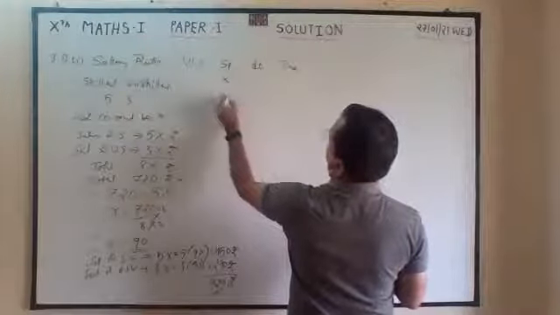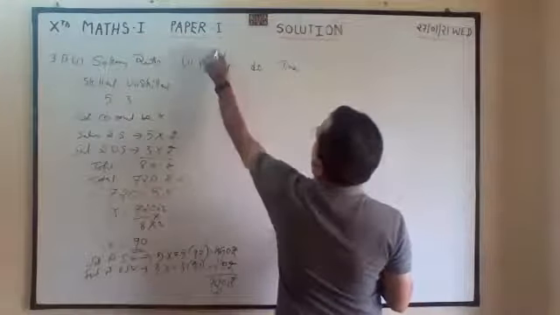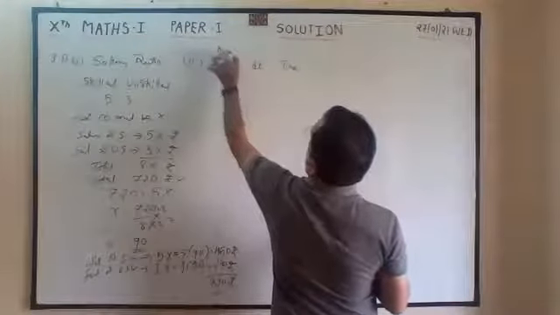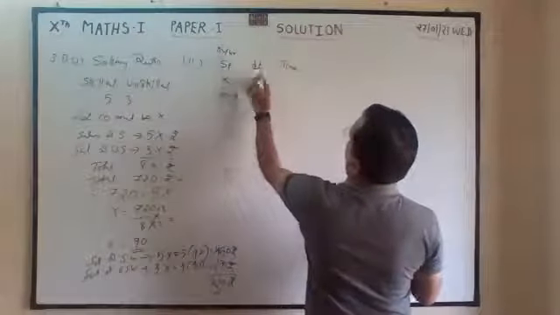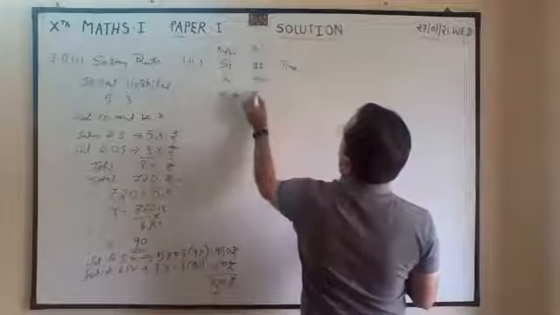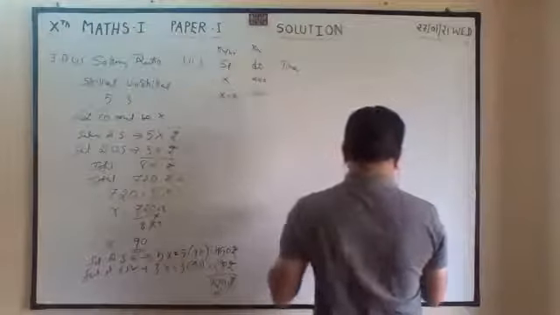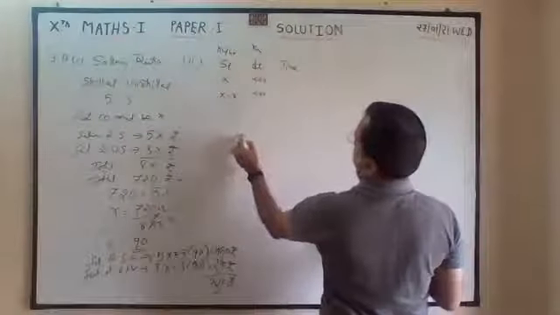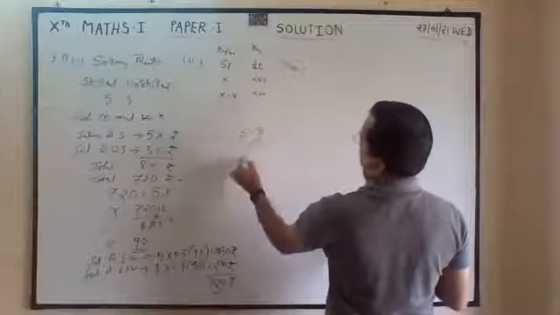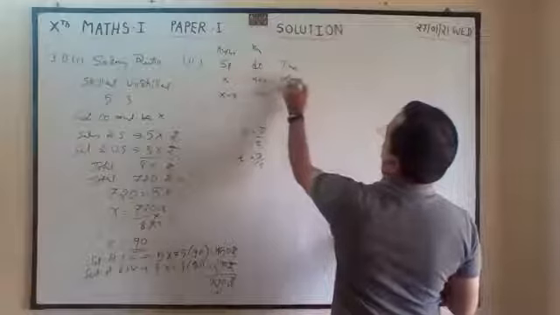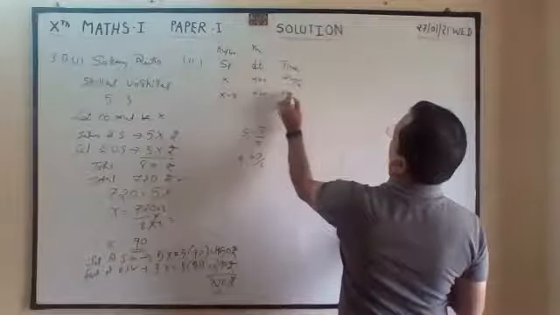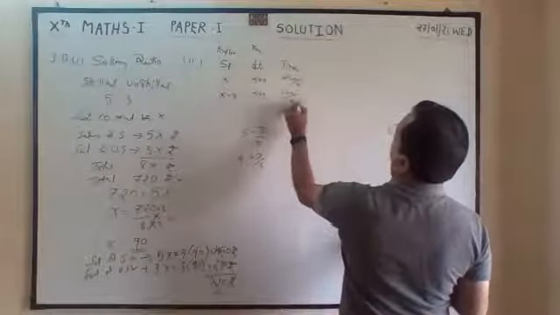Now speed is decreased by 8. Speed is in kilometers per hour. Distance, both the time, 240 kilometers. Now speed is equal to distance by time, so time is equal to distance by speed. So 240 divided by x, 240 divided by x minus 8.